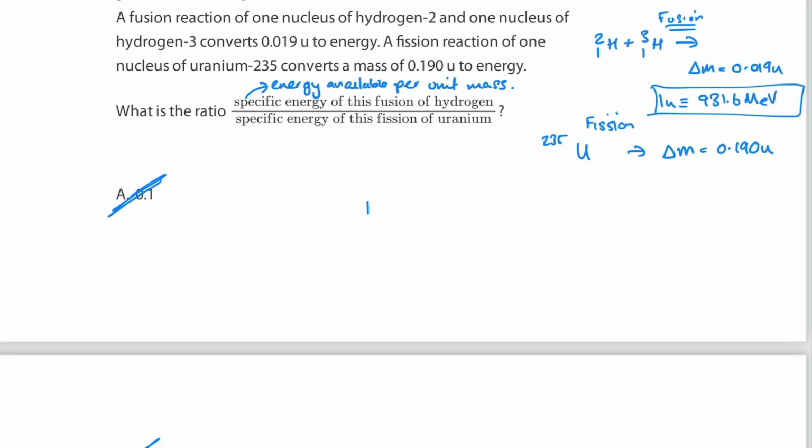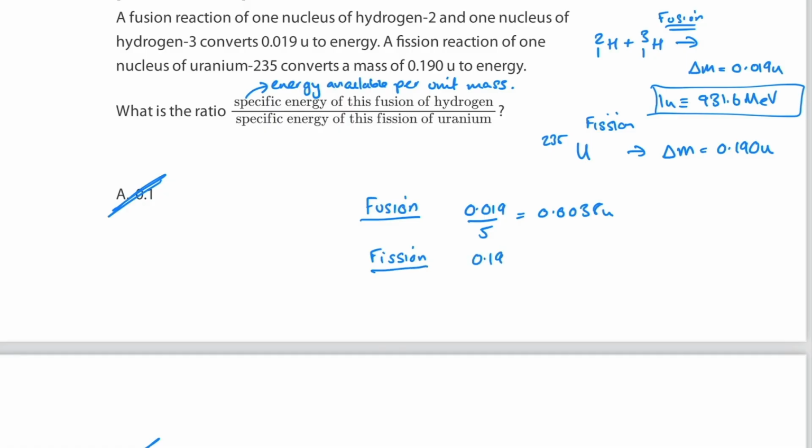Okay, let's go to fusion. Let's work out what the mass defect per nucleon is. We've got 0.019 divided by 5, it's 5 nucleons. And that's going to give us an answer of 0.0038 U. And for fission, let's do the same. Let's work out what the mass defect per nucleon is.